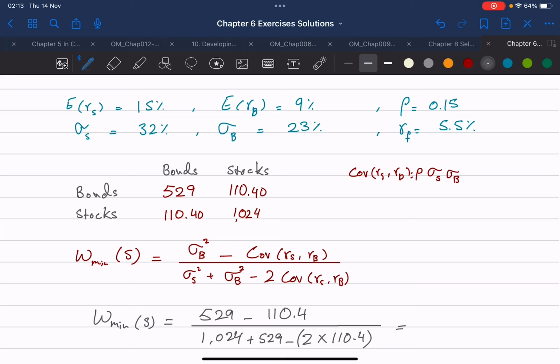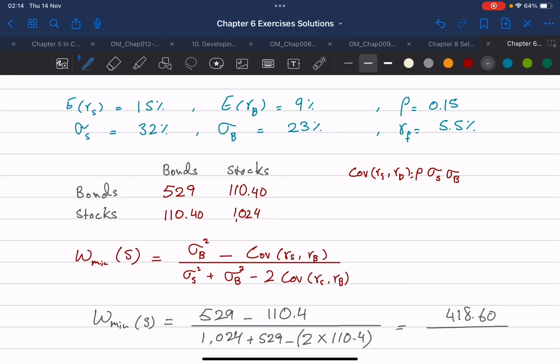Now back to our calculators. In the numerator, 529 minus 110.4 would be 418.60.